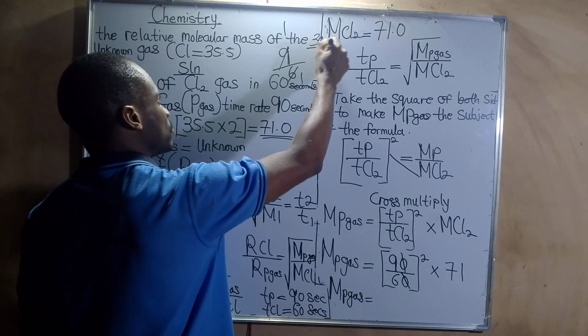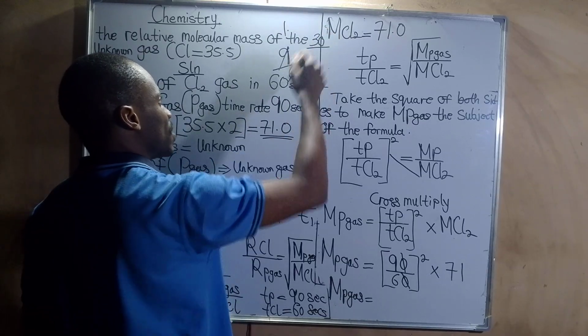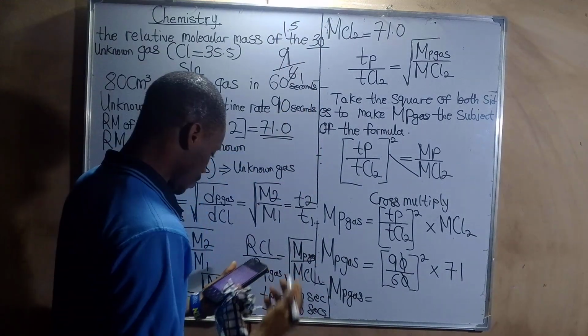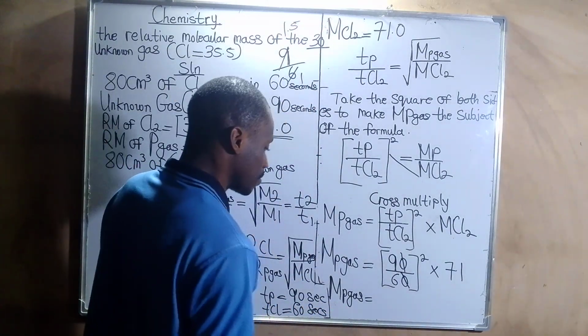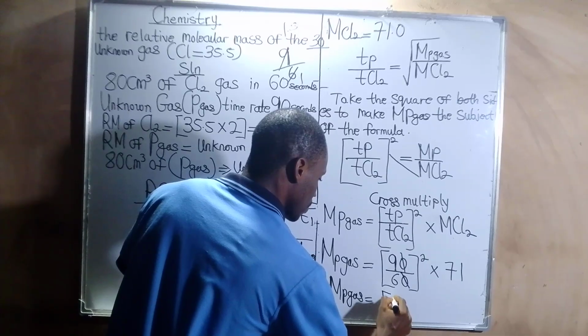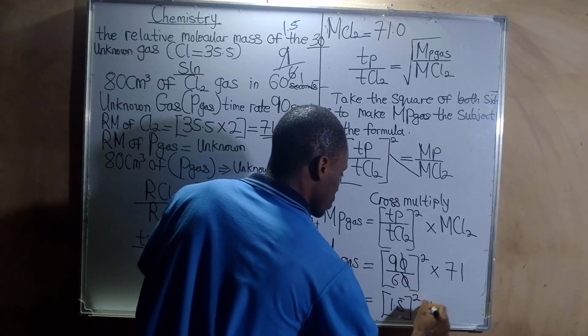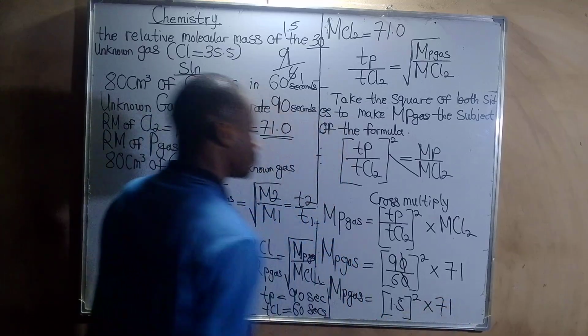Add 0, this should be point. 30 divided by 6 is 5. So that should be 1.5. Yes, 1.5. So definitely we'll now say 1.5, all squared, times 71.